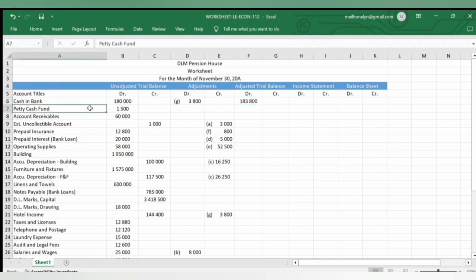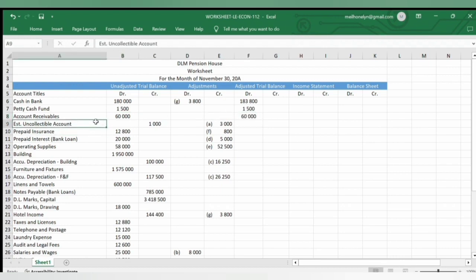Next is the petty cash fund. It will remain as is since there are no adjustments, and it is on the debit side. Next is the accounts receivable. It will also remain as is since there are no adjustments.